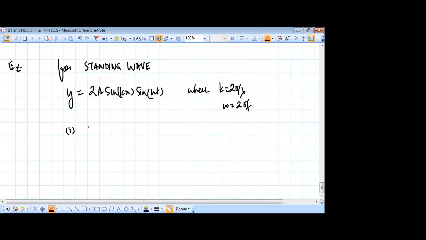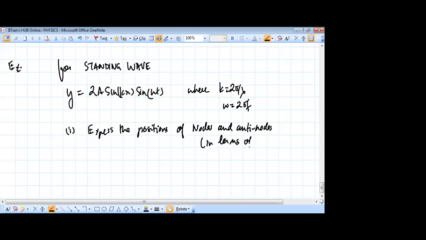First of all, express the positions of the nodes and antinodes in terms of lambda.